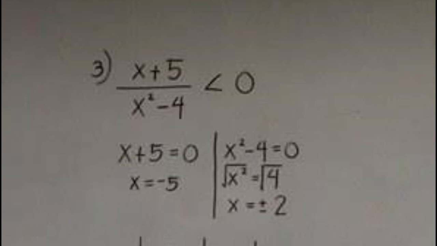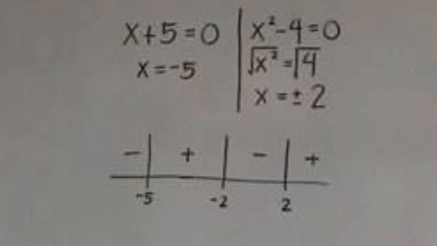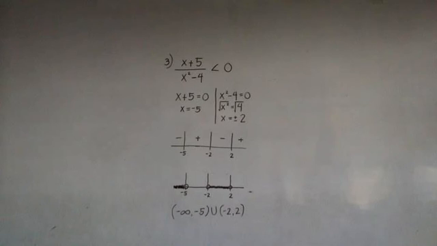Use the key or critical values, which are x is equal to negative 5, negative 2 and 2. After that, make a sign analysis chart. You just have to substitute the value of x to the inequality that is given. Then, if it is less than 0, it is a value of x.